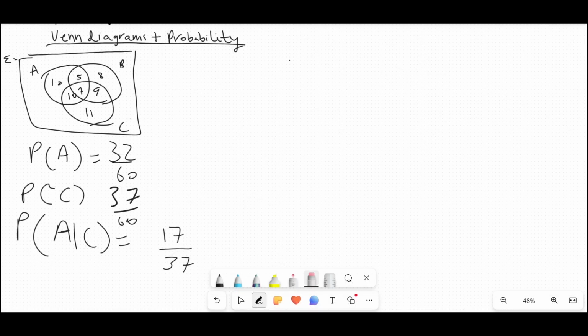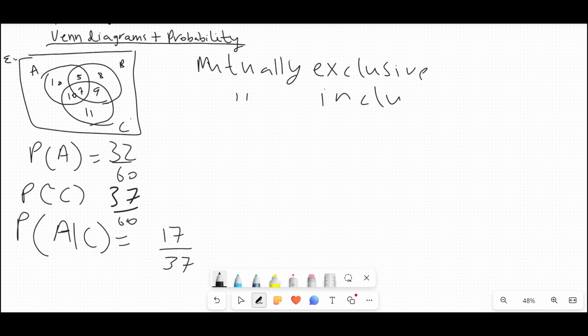Okay, so now that we've learned about conditional probability as well, and more importantly, I've played a game. Now let's move to the last thing of this lesson, and that is learning about mutually exclusive, mutually inclusive, and mutually independent sets.